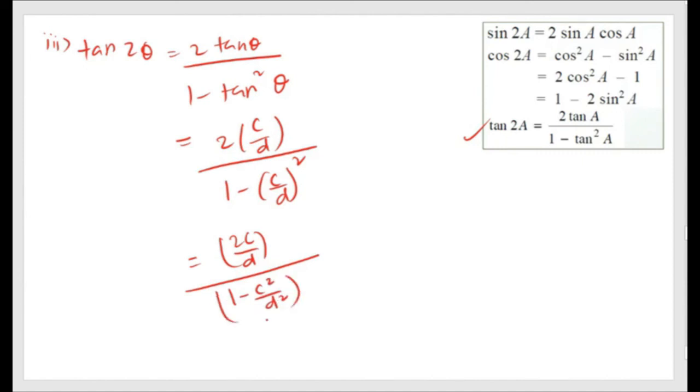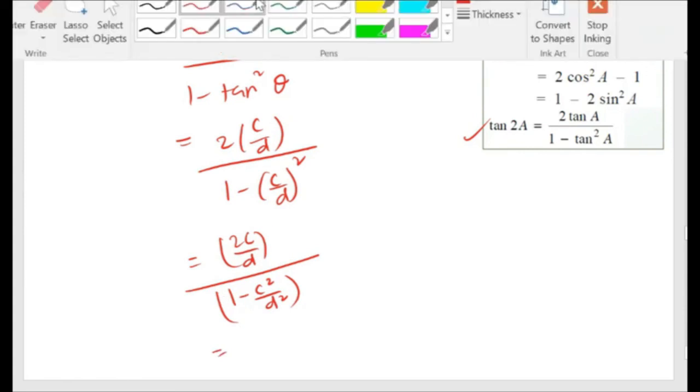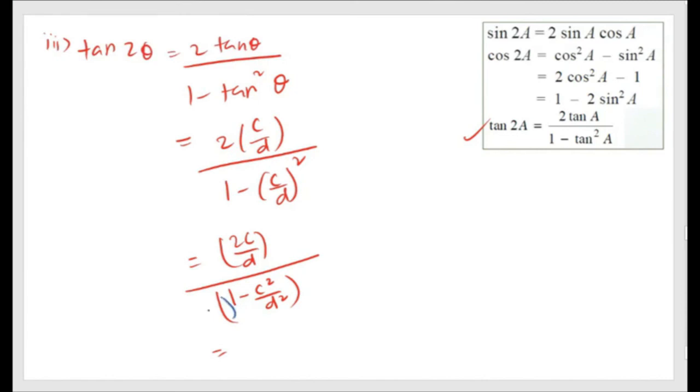Okay, before we change it, we need to do something to the bottom part first. How are we going to do to the bottom part? Let the bottom part be the same term, so that it will become one term, d square over d square. So we get the upper part is 2c over d, and the bottom part is d square minus c square over d square.